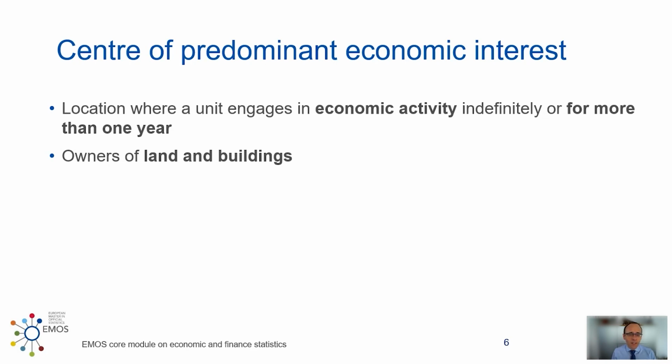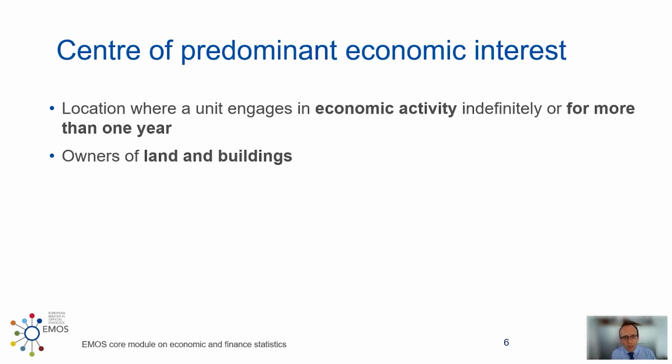A second type of predominant economic interest exists when you are an owner of land or building. This also means a unit can have, and this owning of land or building is restricted to this capacity as owning land or building.